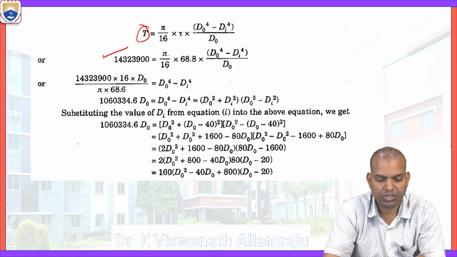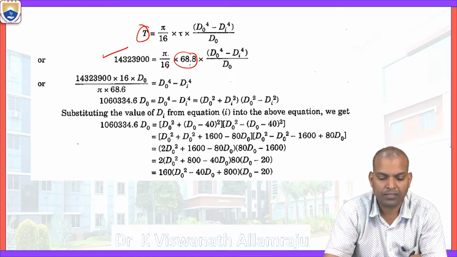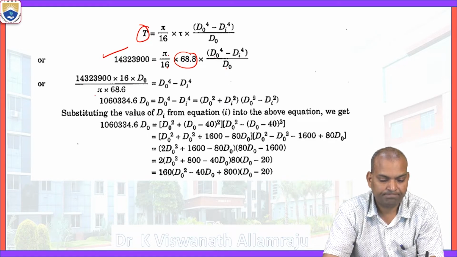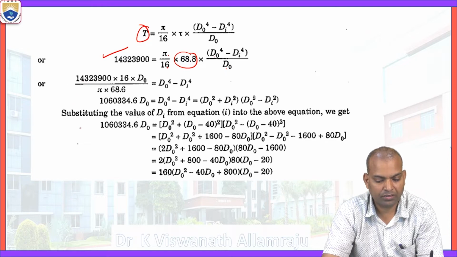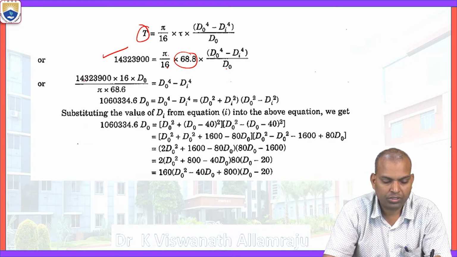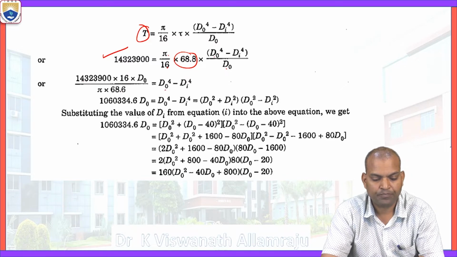Substitute pi by 16 and tau 68.8. Now simplifying, the value comes as 14,323,900 times 16 d naught by pi times 68.8 equals d naught power 4 minus di power 4.